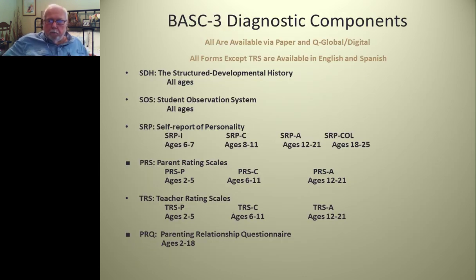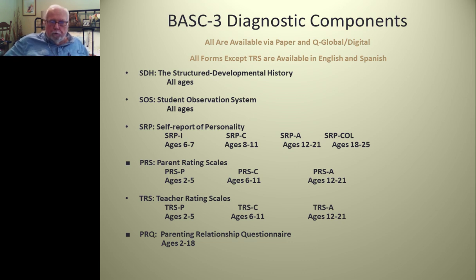So the diagnostic components, just to remind you, are the structured developmental history. All of these forms, by the way, except the teacher rating scale, are available in English and Spanish. The student observation system for all ages, and this can be used in any setting that has educational goals.